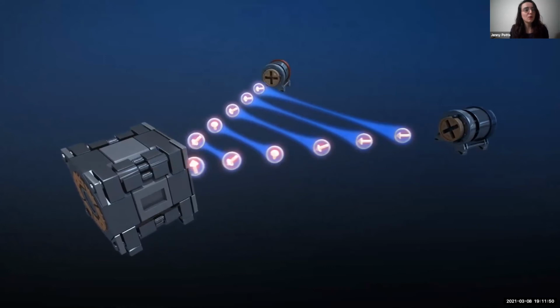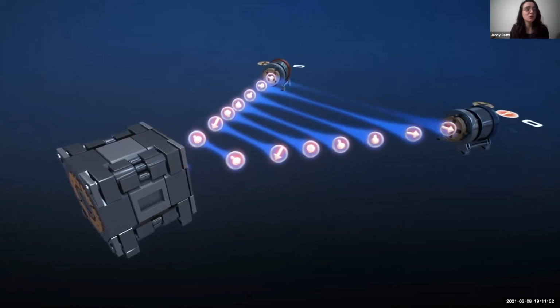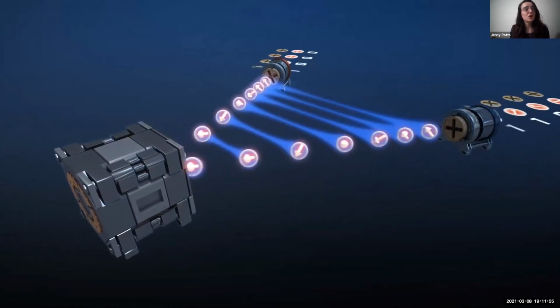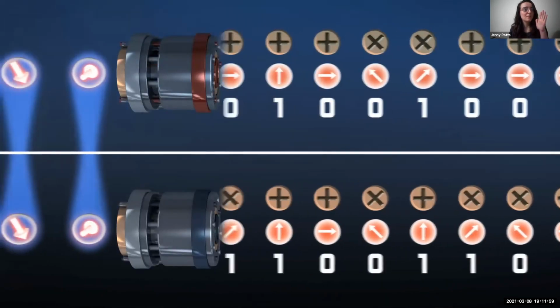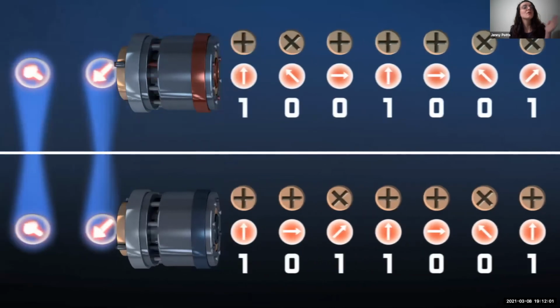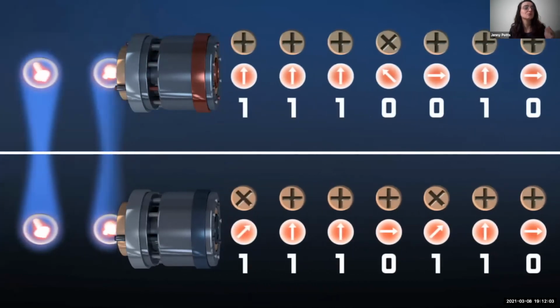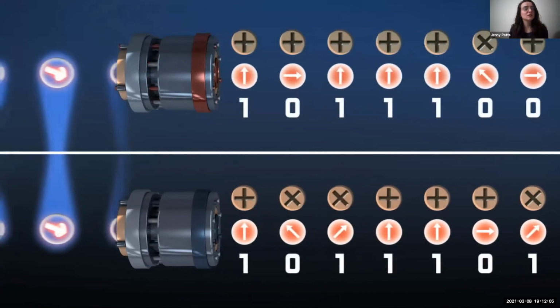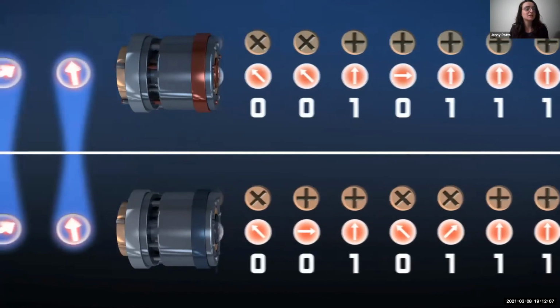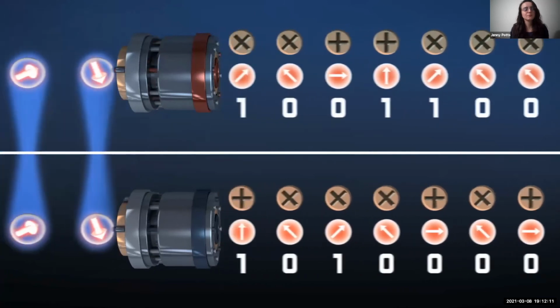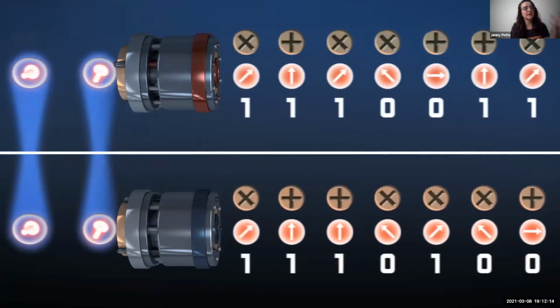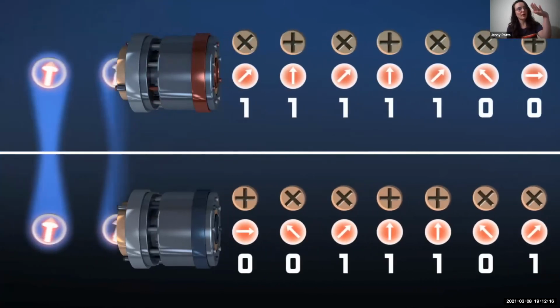The light is polarized one of two ways: at 0 degrees, which is horizontal, or 45 degrees, which is half of a right angle. I think I need to wait till the next section for this bit. So as you can see, it's that way or that way.